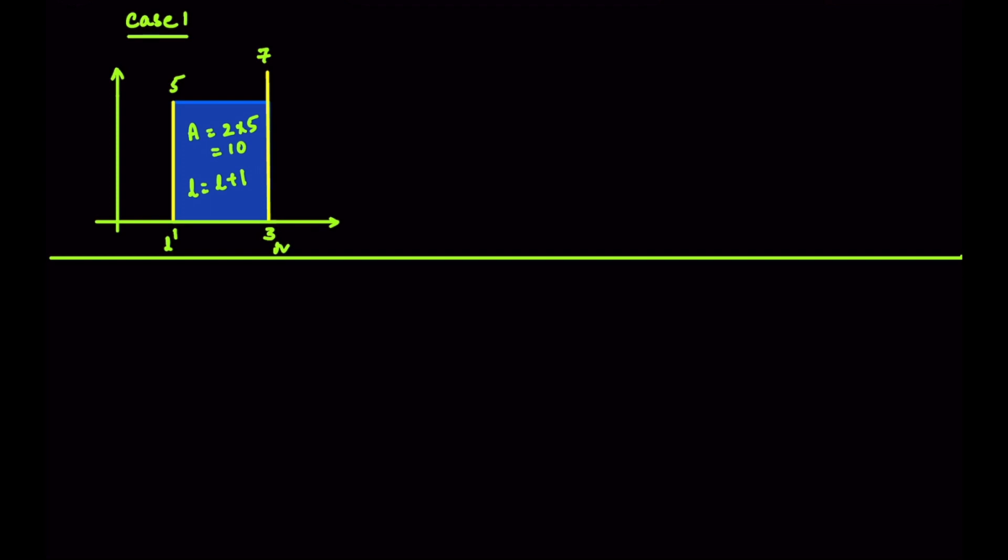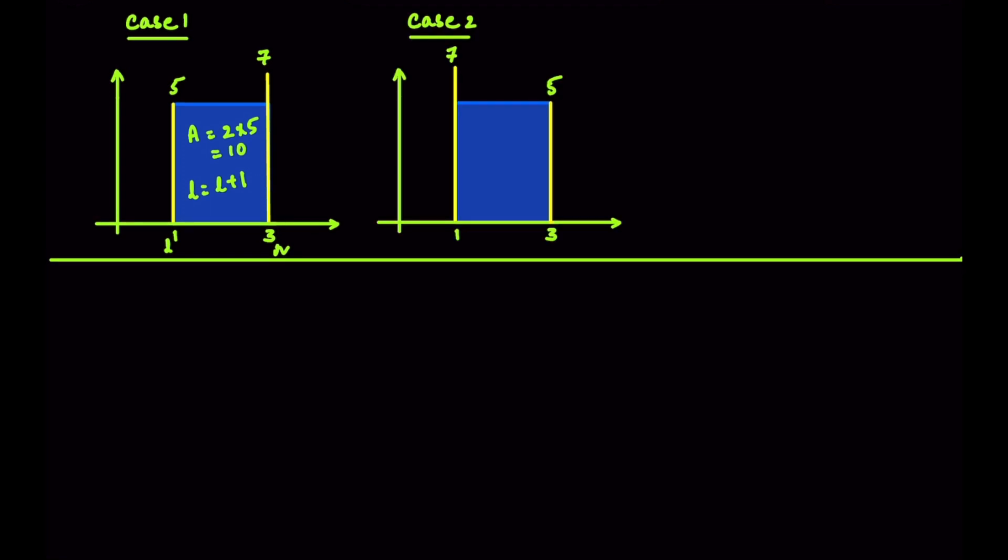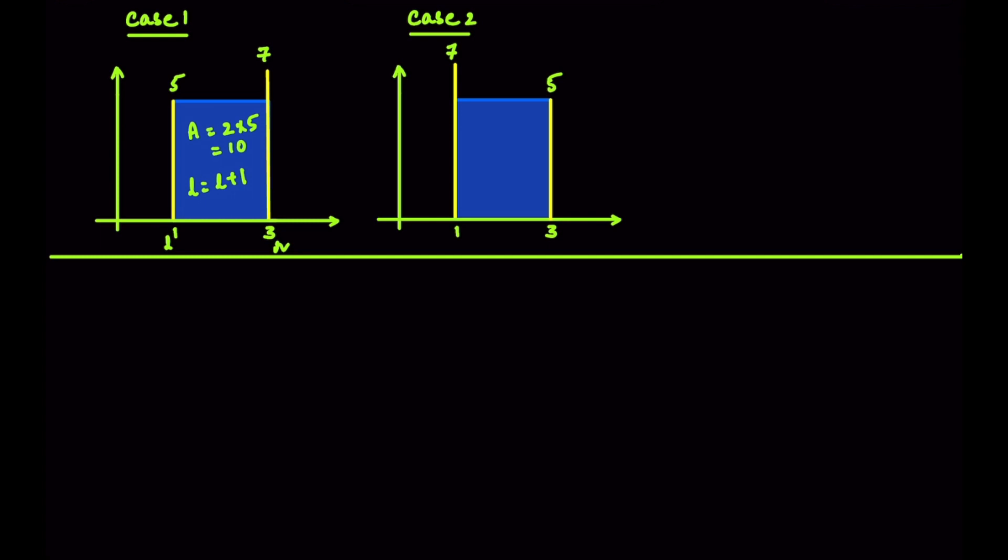Now let's look at case 2. Case 2 is similar to case 1, but in this the height of our left is 7 and the height of our right is 5. This left and right are used as pointers in the two-pointer approach.